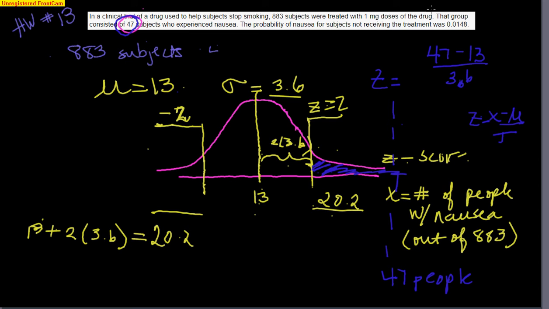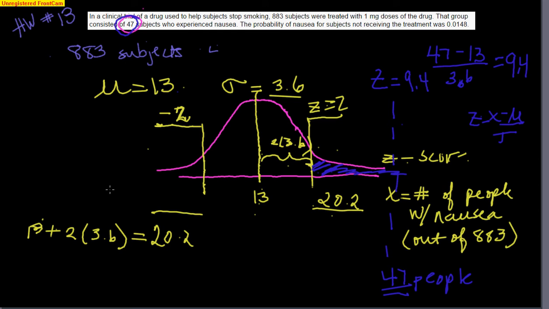I'm just doing this because we know it's unusual. I'm curious how many standard deviations above the mean 47 people would be. So 47 minus 13 divided by 3.6 is equal to 9.4.